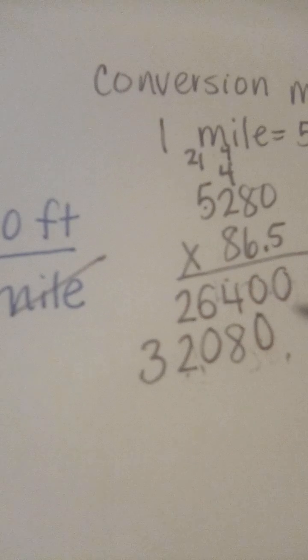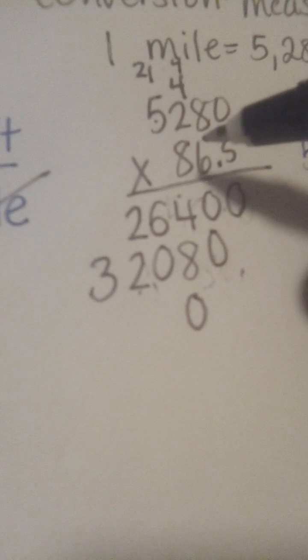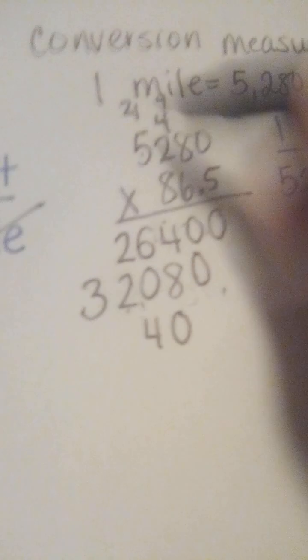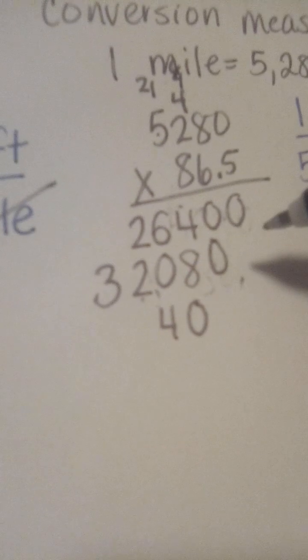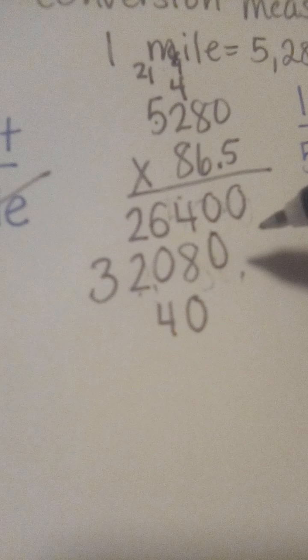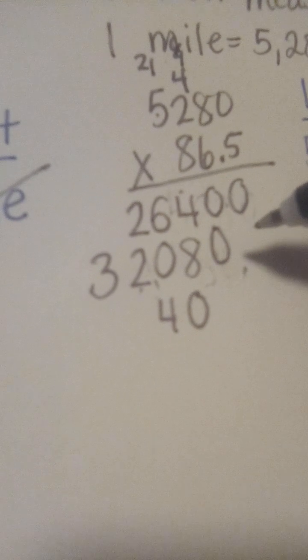Now it looks a lot better. 0 times 8 is 0. 8 times 8 is 64. Carry the 6 on top. It's hard to see, it's okay. 2 times 8 is 16. Add 2 more is 20.